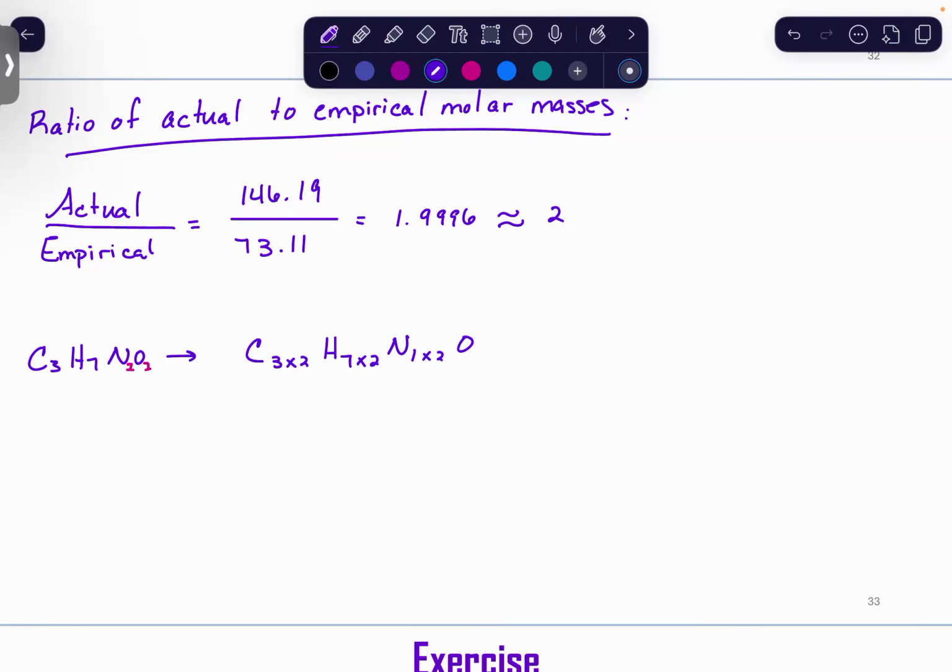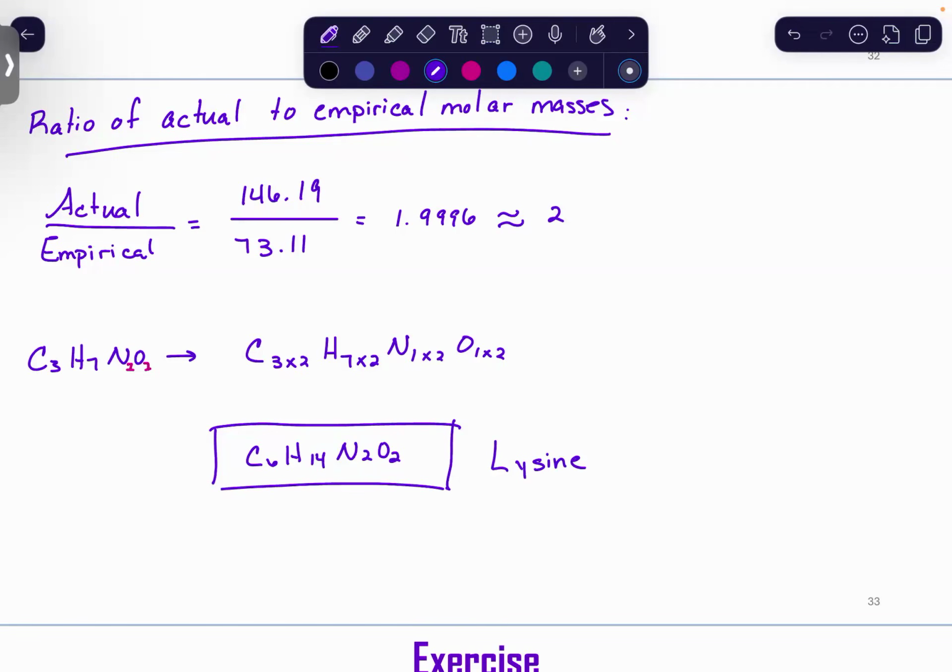And the oxygen will be 1 times 2. This is going to give us C6H14N2O2. That's the molecular formula. And so that's what we mean by a multiplier that's going to adjust all of the subscripts. Okay, and if you were looking, this is lysine.